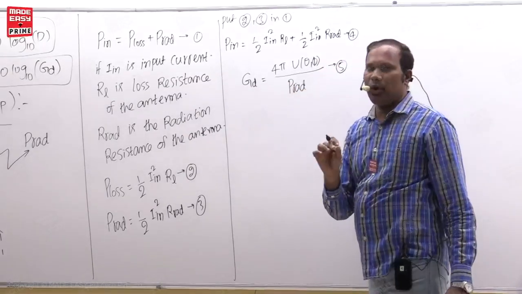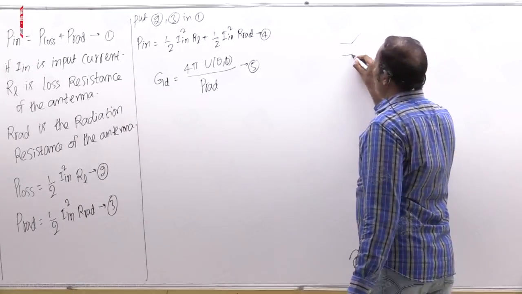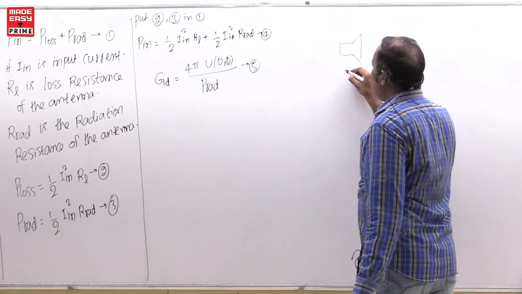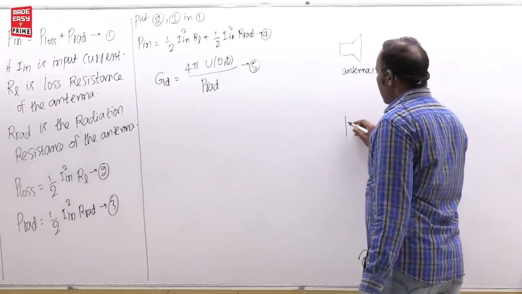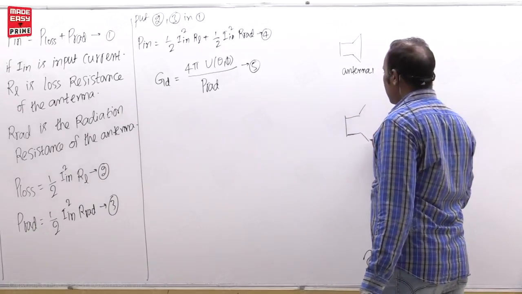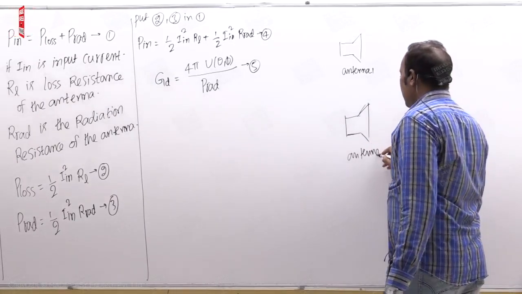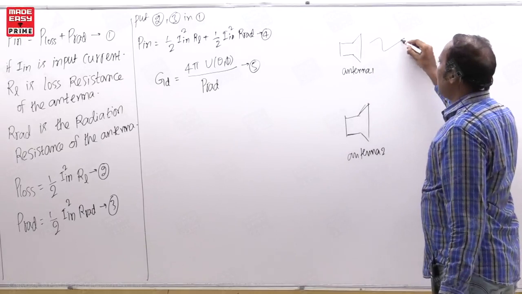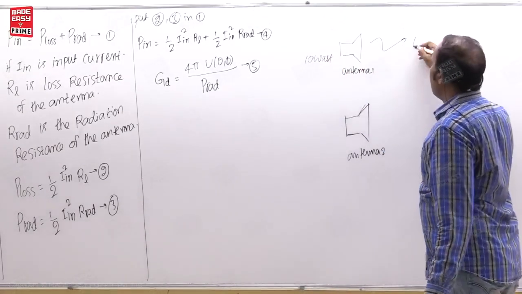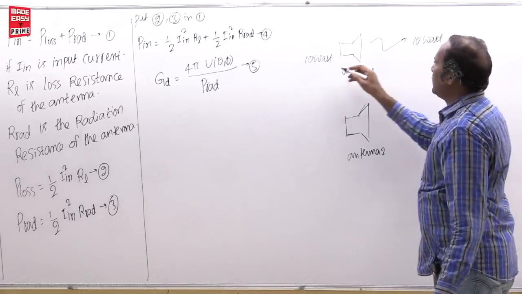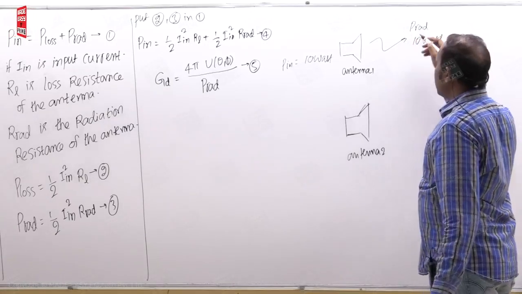For example, I asked one student to go to the market and buy an antenna, and the shop fellow showed two antennas. He told that if you give 10 watt here, this one radiates 10 watt. So this is P in. Then power radiated is 10 watt, it is a lossless antenna.